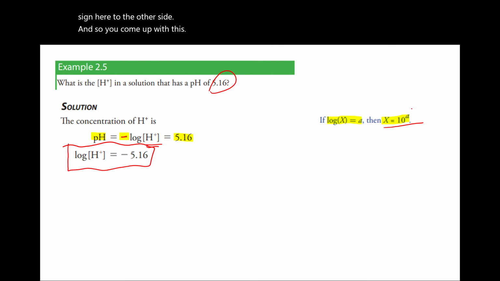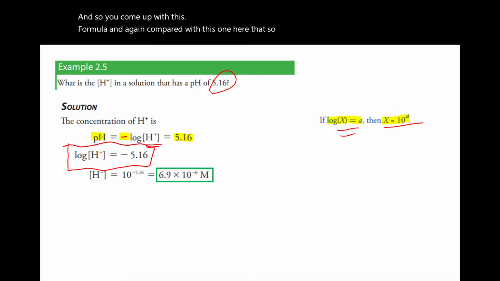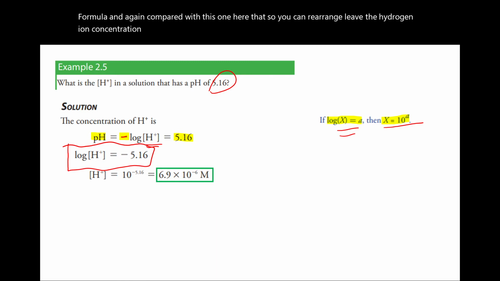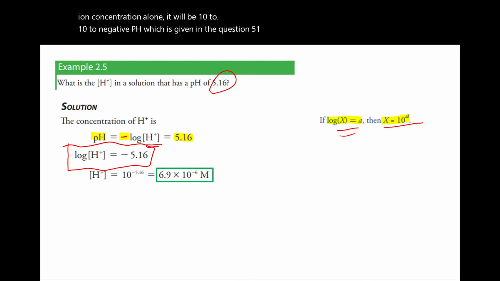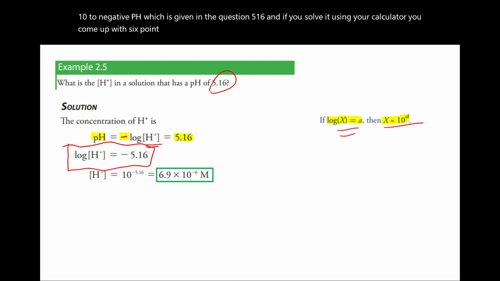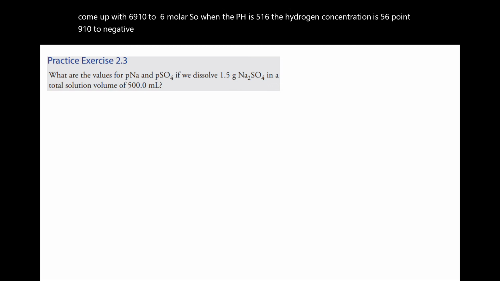Compare with this one here. You can rearrange, leaving the hydrogen ion concentration alone. It will be 10 to the negative pH, which is given in the question, 5.16. If you solve it using your calculator, you come up with 6.9 times 10 to the negative 6 molar. So when the pH is 5.16, the hydrogen concentration is 6.9 times 10 to the negative 6 molar.